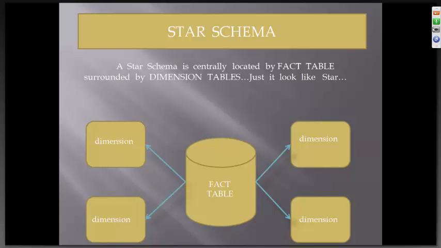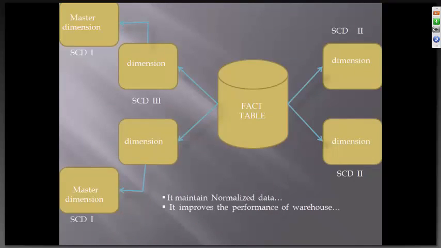Maybe in some cases, if you can identify the unchanged columns in the source database, then we can create a snowflake star schema. In the snowflake star schema, we just create a master dimension table. In this table, we store those unchanged columns. These records are associated with the master dimension table, so with the help of the fact table's foreign key, we can retrieve the data from the dimension table and from the master dimension tables as well.